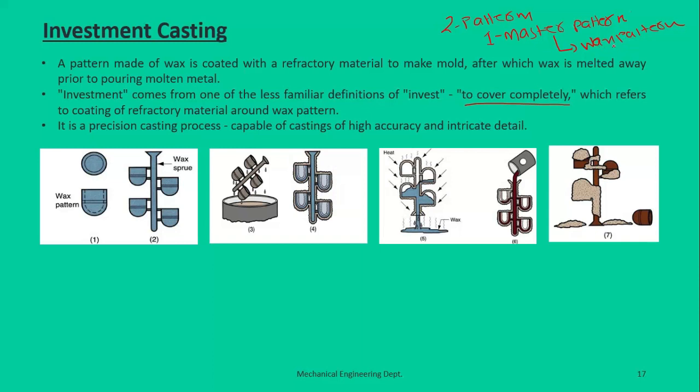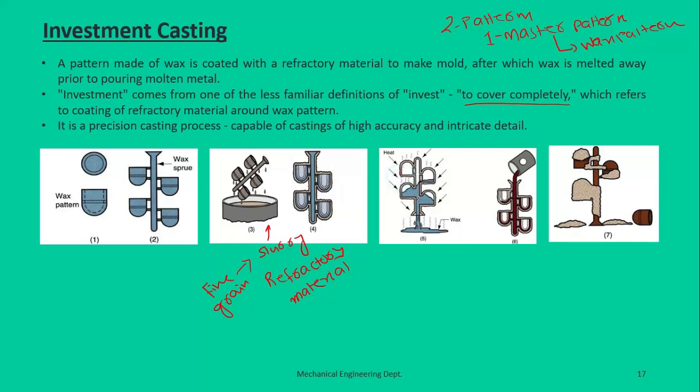Then we take this wax pattern and dip it into the slurry of our refractory material. We have a pool of refractory material with some fine grain, and we allow it to settle onto the surface of the wax pattern.